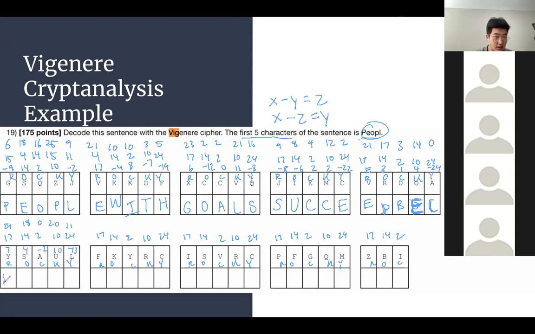This will be HEY. So it was they. And then we have KN. KN really only appears if it's know, like K-N-O-W, the word know. And this is the reason I was saying you probably want to write the keyword below your ciphertext because it just makes it so much easier to subtract.